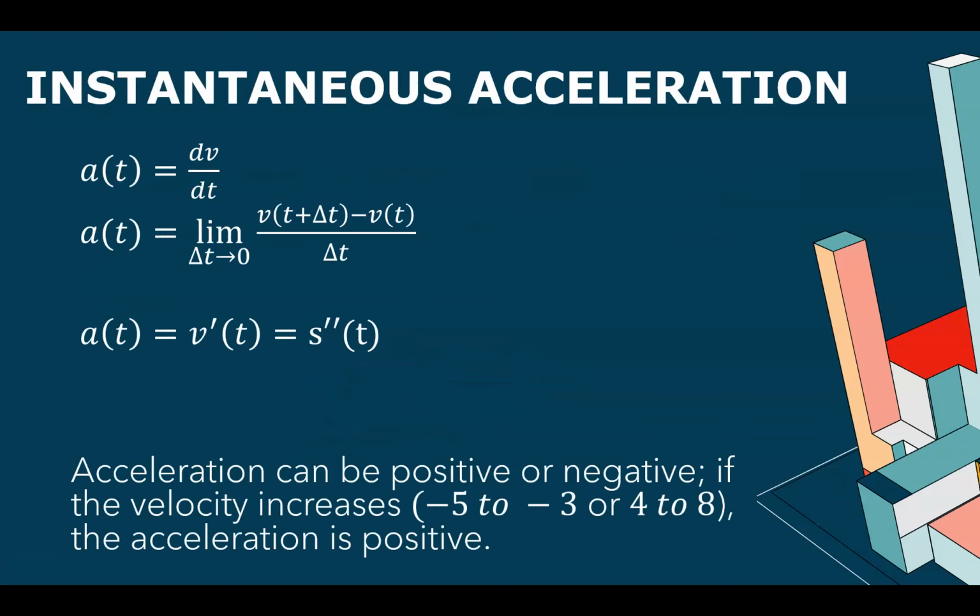And so hopefully that's not a big surprise that acceleration is the derivative of velocity if we're thinking in an instantaneous way. So we could do acceleration is that formal derivative of velocity. And so if acceleration is the first derivative of velocity, and velocity is the first derivative of position, then acceleration is the second derivative of the position function.